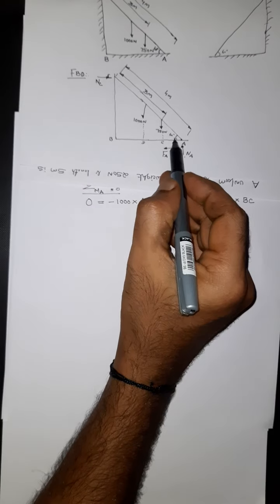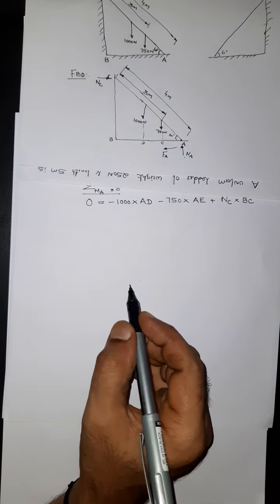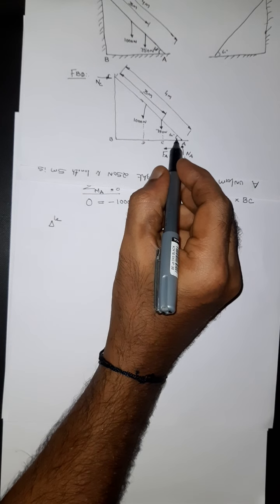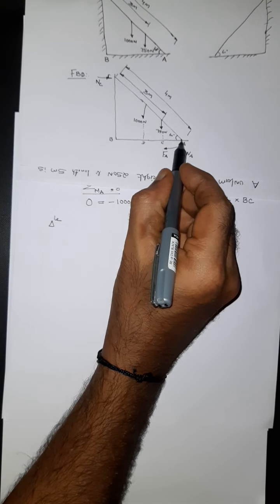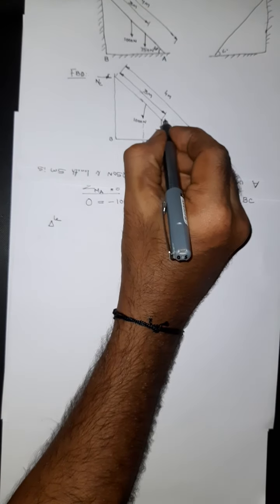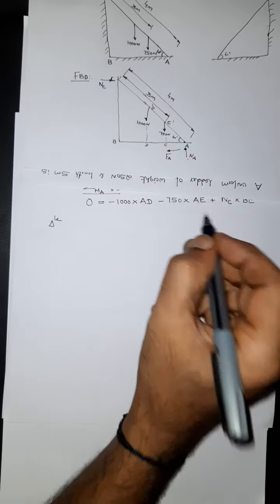How is it possible? Since the angle of the ladder is given, we can make a triangle. I'm going to consider this small triangle. This I consider E dash, this as D dash.